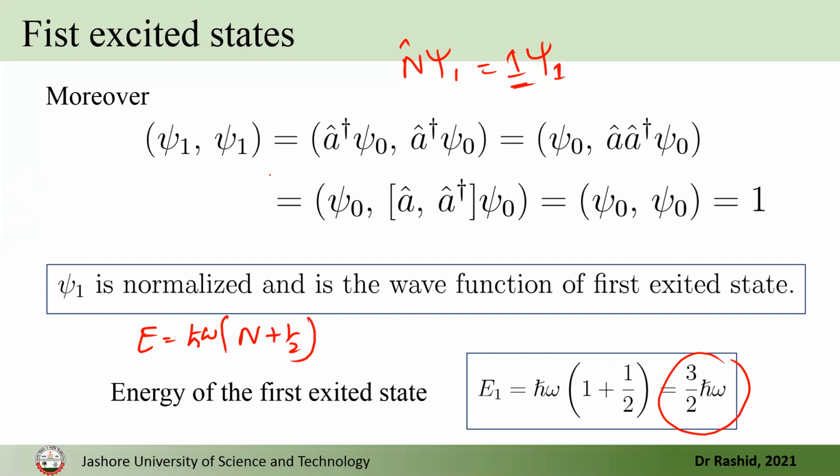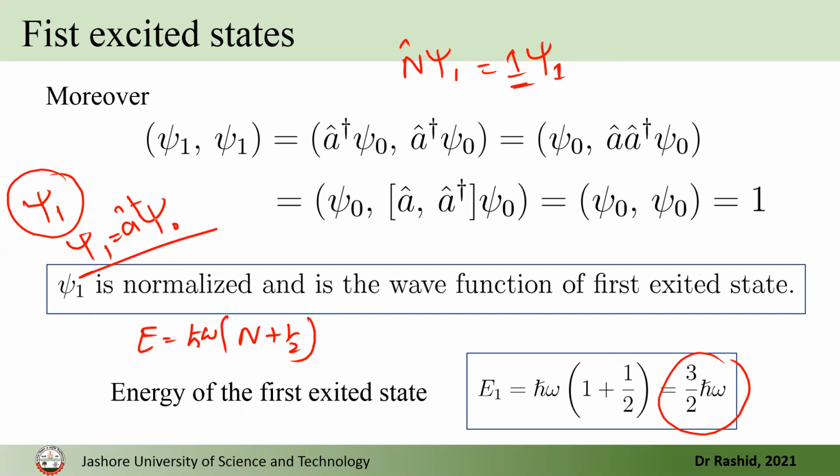Now, we got the first excited state wave function and the energy for the first excited state, and since we know psi 0, we can calculate this using the creation operator on it as we defined it. So we just need to do the operation here, and if you remember, a hat consists of x and p hat.